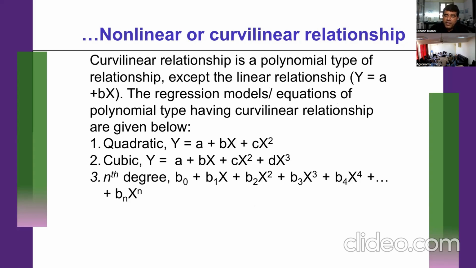Here also we need to calculate the values of a, b, and c. In the last case, we calculated the values of only a and b. But here one more variable has come, which is c. In the linear case, you knew that the rate of change was constant with the addition of each unit.